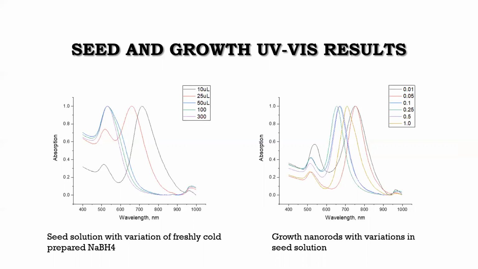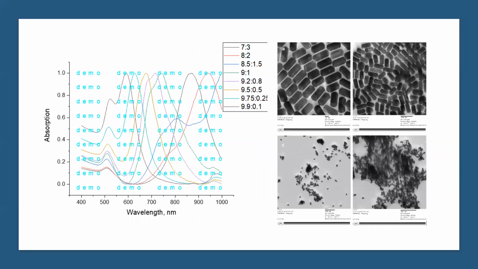All of the full width at half maximum values are under 100 nanometers, which is considered to be really uniform. As you can see, all of the trial solutions yield rods with both clearly shown transverse and longitudinal peaks.